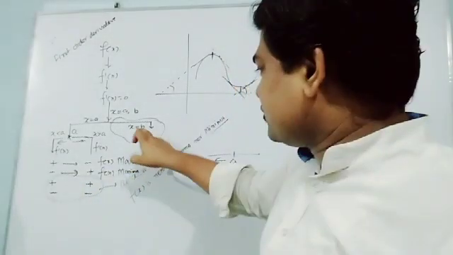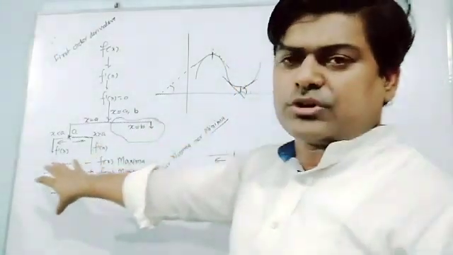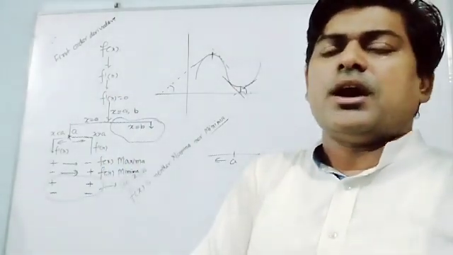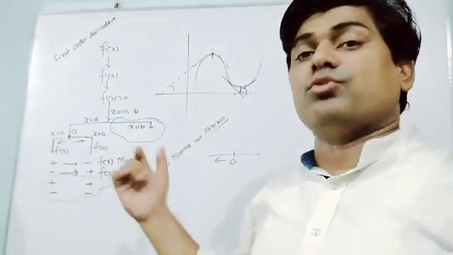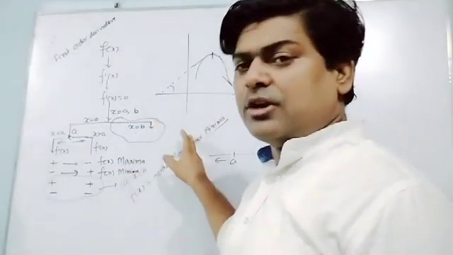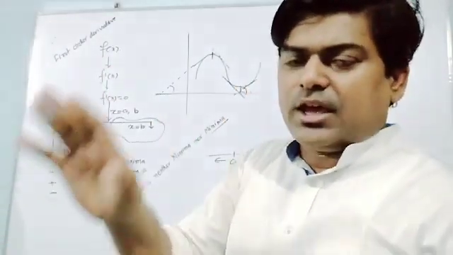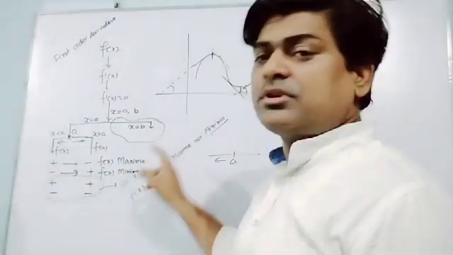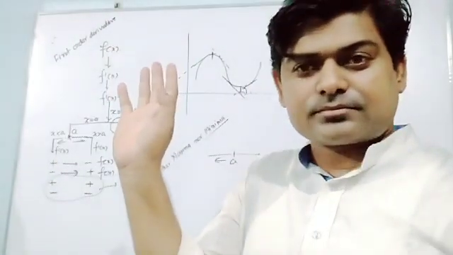And for x is equal to b, again we will follow the same process. I will take a value of x which is less than b, and once a value of x which is more than b. If the change is from positive to negative, the function will be maxima. If the change is from negative to positive, it is minima.